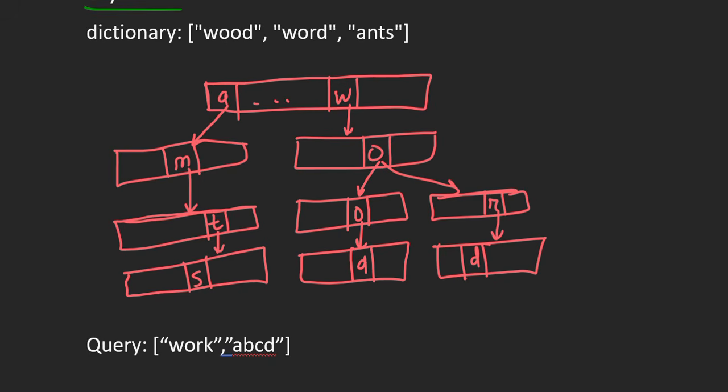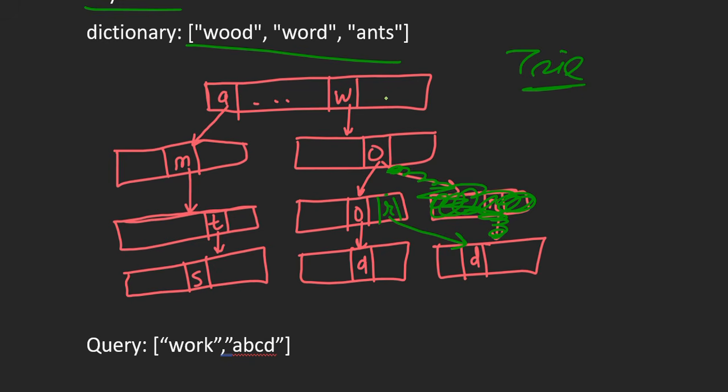First we have this dictionary: wood, word, and ants, the same example. Here it will not be present, it will be R from this position and then this way, right? So first of all we have made our trie using the dictionary array.